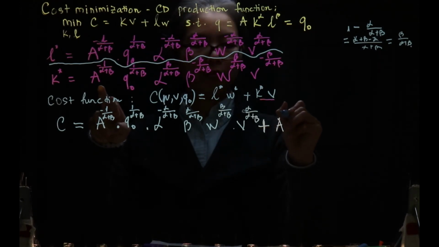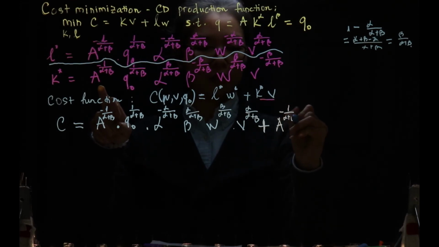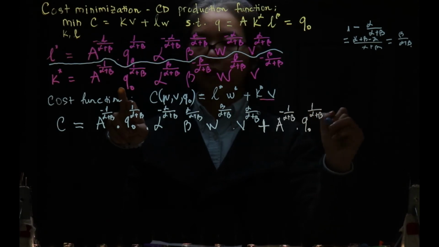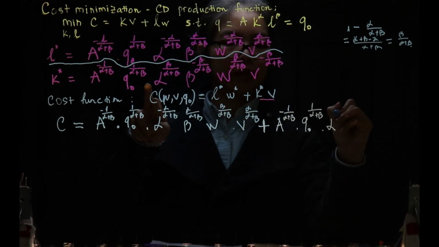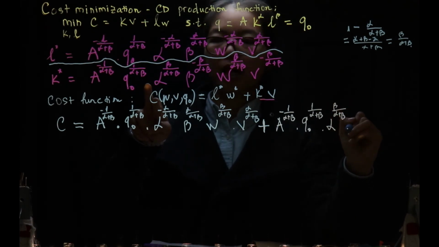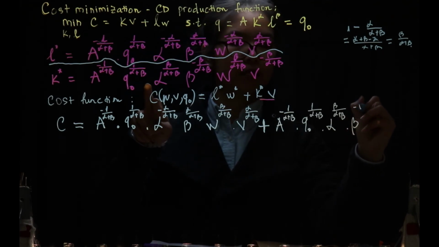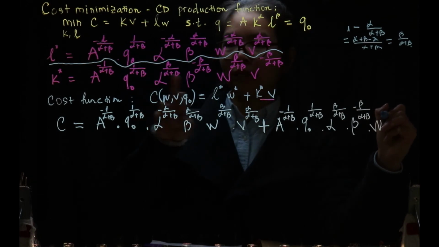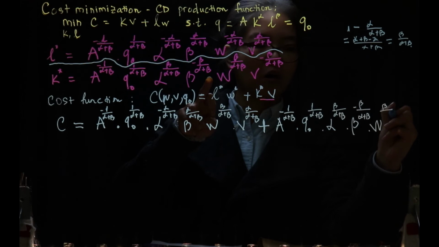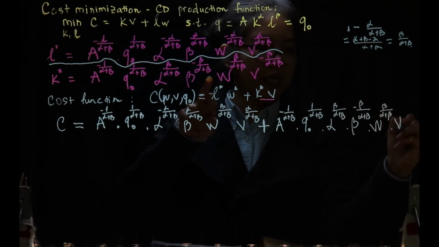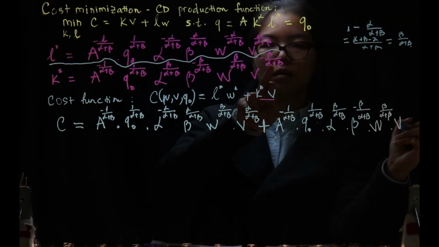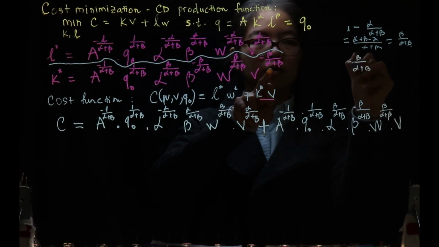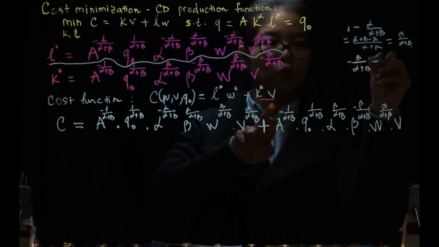A to the power of minus 1 over alpha plus beta times Q0 to the power of 1 over alpha plus beta times alpha to the power of beta over alpha plus beta times beta to the power of minus beta over alpha plus beta times W to the power of beta over alpha plus beta, and times V. Now minus beta over alpha plus beta, right, and then times V, so plus 1, right?